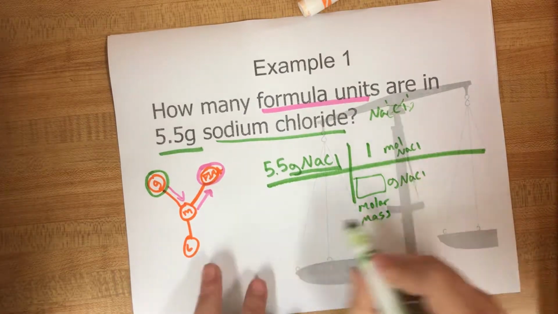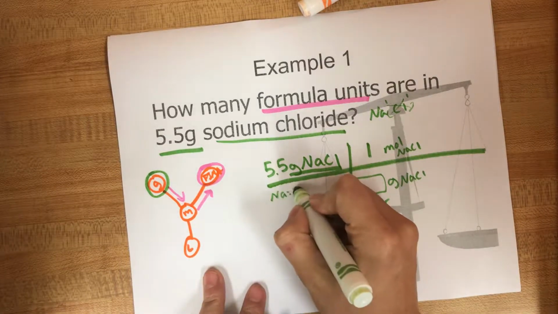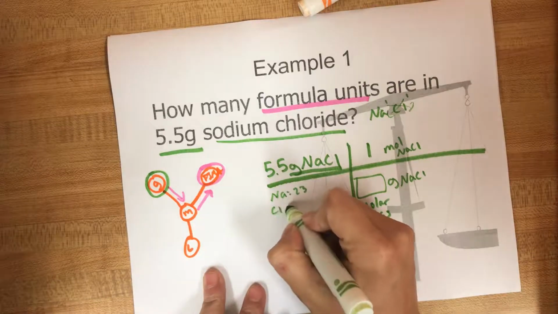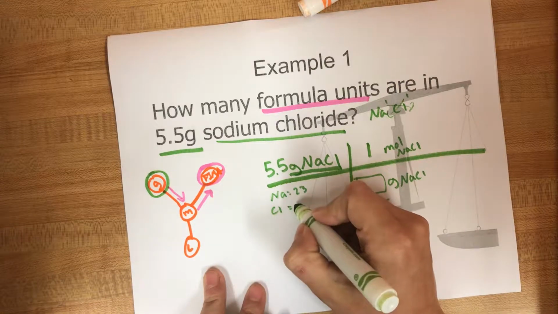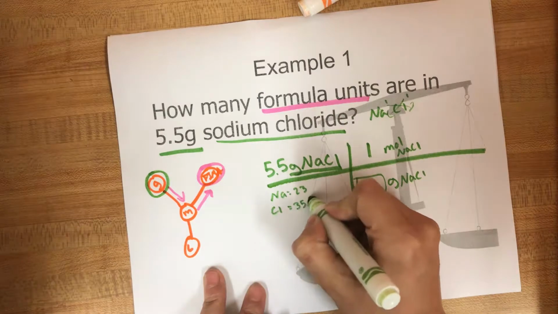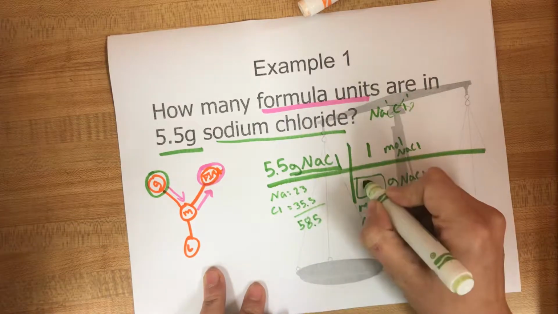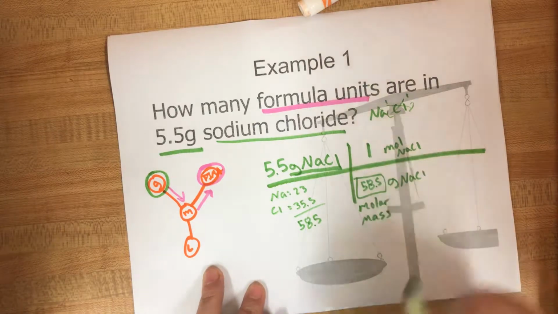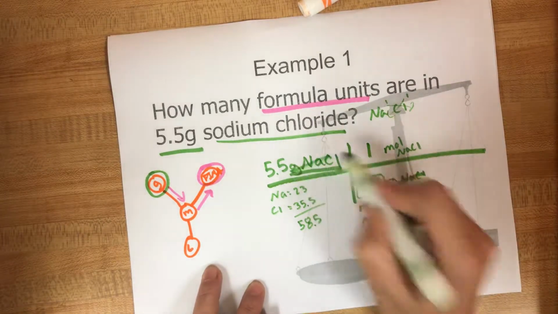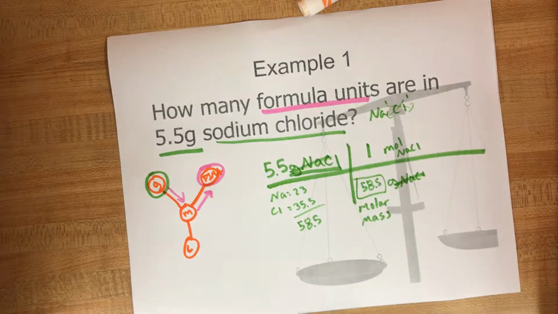Okay, so this is our little side work over here. Sodium is 23. Chlorine is 35.5, so that gives you 58.5. Okay, grams cancel. We're left with moles.